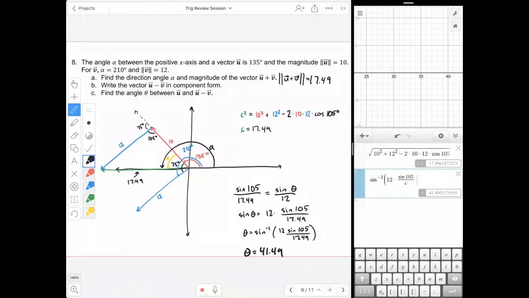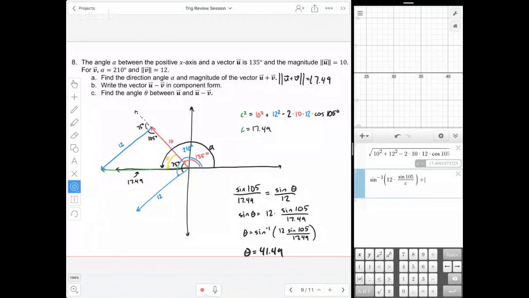41.49. Now I'm going to add the 135 and theta, 41.49, and that makes 176.49. So you can see I drew it correctly. I drew the green hopefully a little bit above the x-axis because it's not going a full 180 degrees.